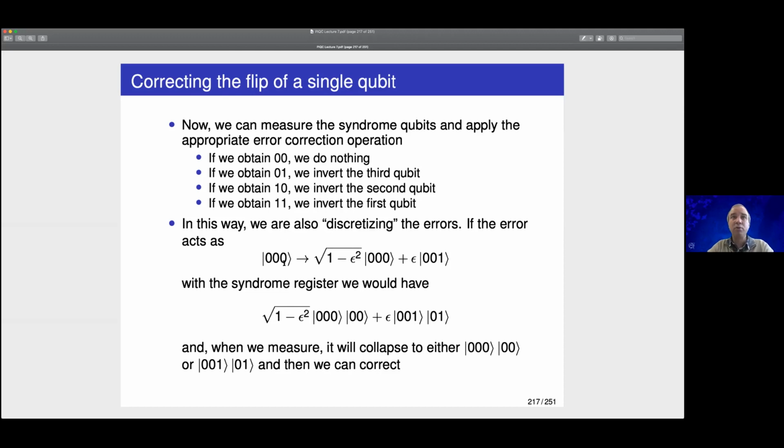So the most general situation that we can have in which one qubit turns a little bit from 0 to 1 or from 1 to 0 is, for instance, this situation here. So imagine that the third qubit is the one that changes, but it changes just a little bit towards 1, and it is still in state 0 with some amplitude, okay? So imagine that this is very, very small, okay?